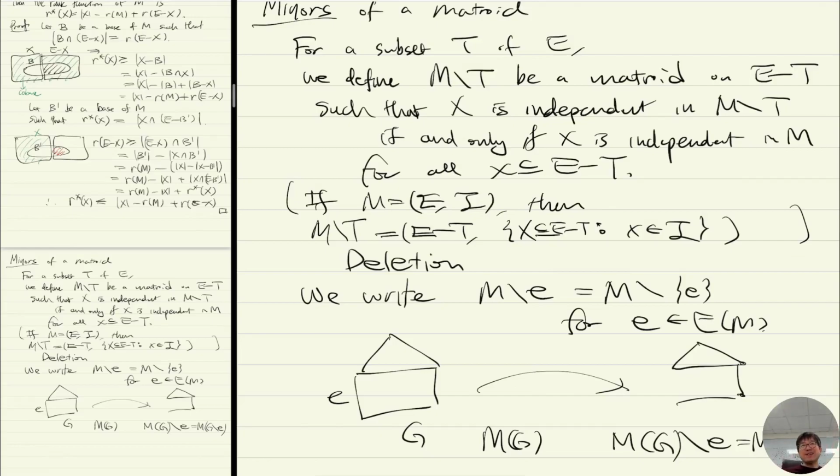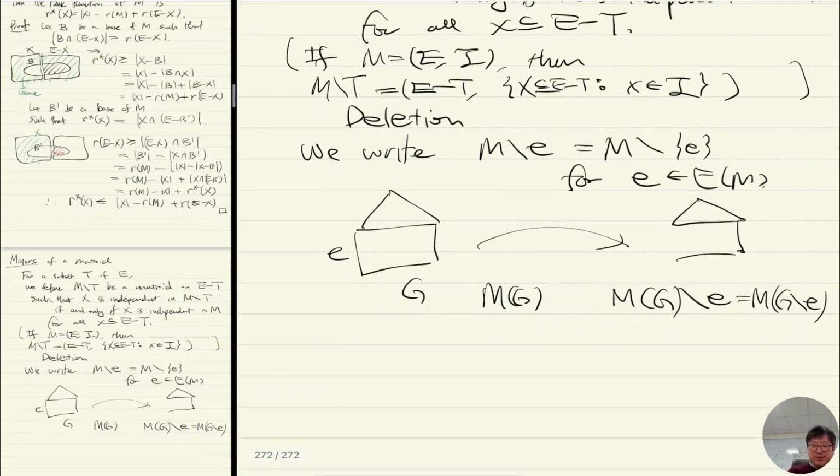But how about contractions? How do we define contractions in a matroid? That's where we use duals. Remember, in the abstract dual of a plane graph, deletion in G corresponds to contraction in the dual. So we do the same thing for matroids.